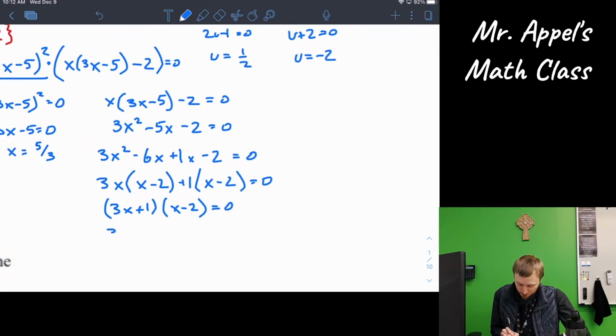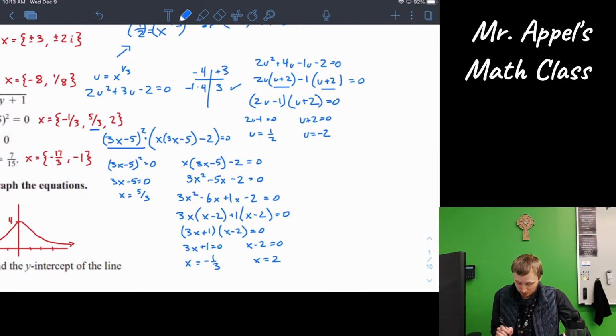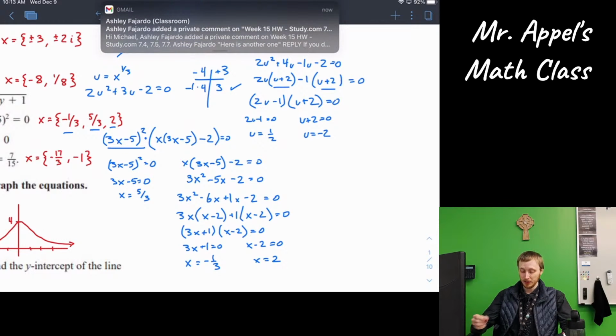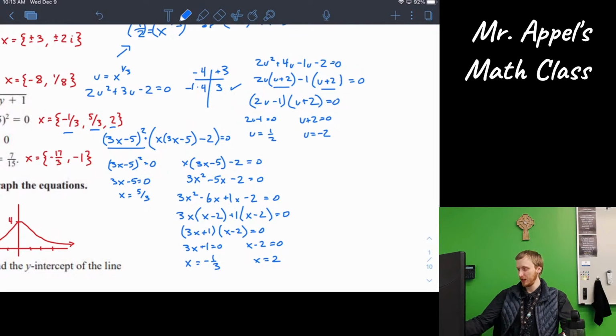Now I can ZPP: 3x plus 1 equals 0, x minus 2 equals 0. And solve for x. Subtract 1, divide by 3, minus 1/3. Add 2 to both sides. x equals positive 2. Positive 2, negative 1/3. Okay, that takes care of that guy.